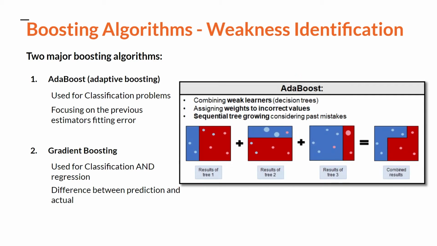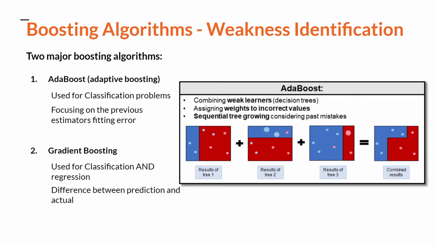Here we have an example of AdaBoost. In this example, AdaBoost is using decision trees as your weak learners, and it's assigning weights to the incorrect values. Then sequential trees are grown considering past mistakes. Let's go ahead and walk through this.